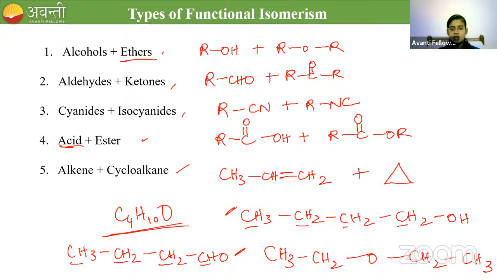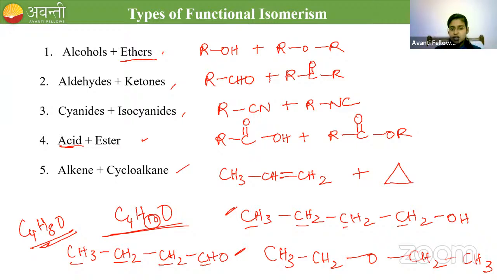But how many hydrogen we have? 5, 6, 7, 8. 4 carbon, 8 hydrogen and only 1 oxygen. So you see, we needed 10 hydrogen. So if you try to draw the structure of aldehyde or ketone which has 4 carbons, then the formula will not be satisfied.